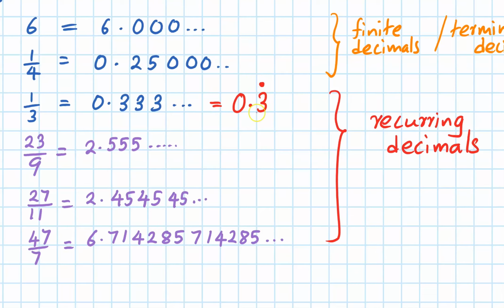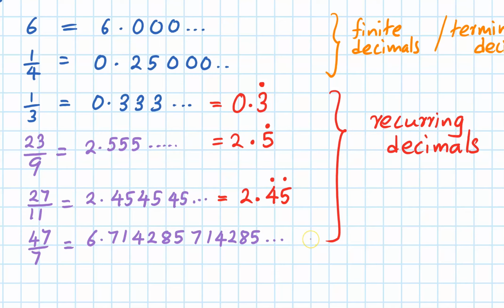That indicates the number 3 repeats. Next one, 2.5 is repeating. Therefore, a dot on the 5. Here, 2.45, both of them are repeating. Hence, we have to put a dot here and a dot there. What it says is this block is repeating.